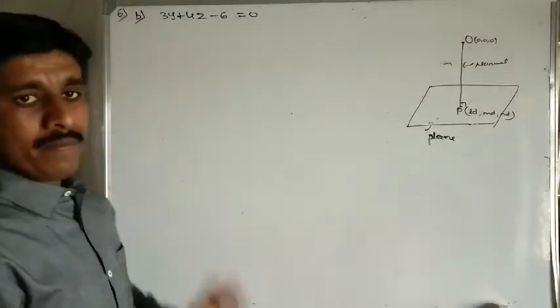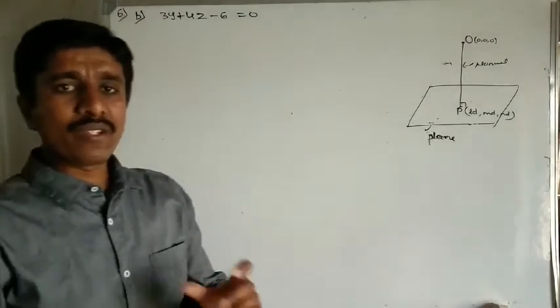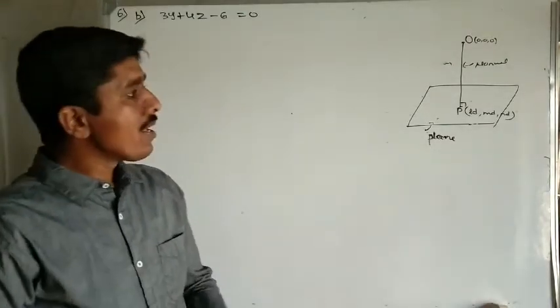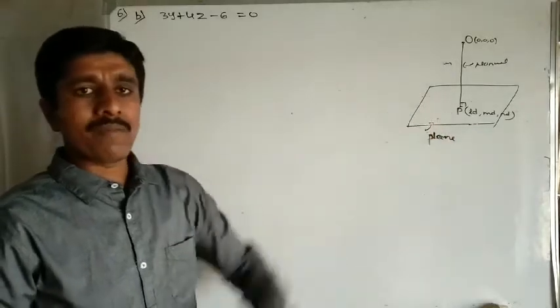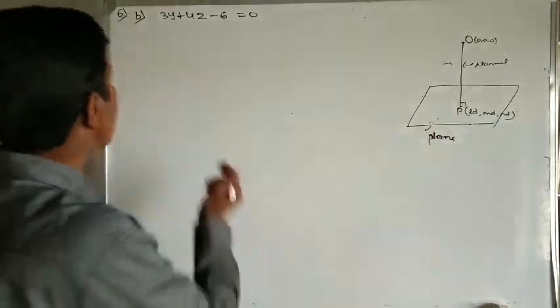Sixth problem, so problem B. Here also find the coordinates of the foot of the perpendicular. Same as before, the foot of the perpendicular is LD comma MD comma ND.